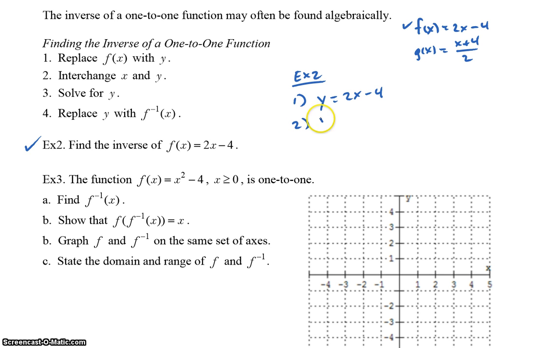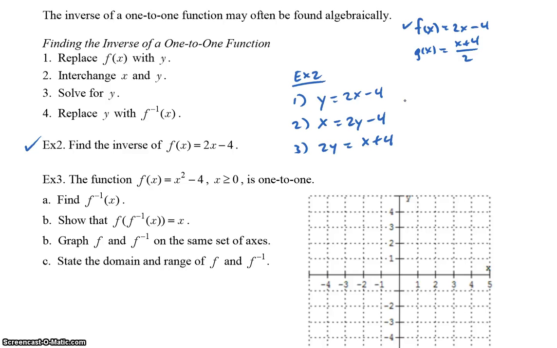So where you see y, write x. Where you see x, write y. Step 3, solve the resulting equation for y. So I'm going to put 2y now on the left, and I'd have to add 4 to both sides. So that would give me x plus 4 on the right. I've just switched sides with the variables, if you don't mind.